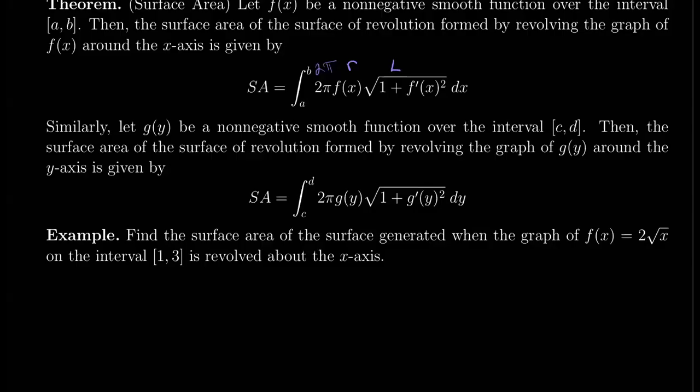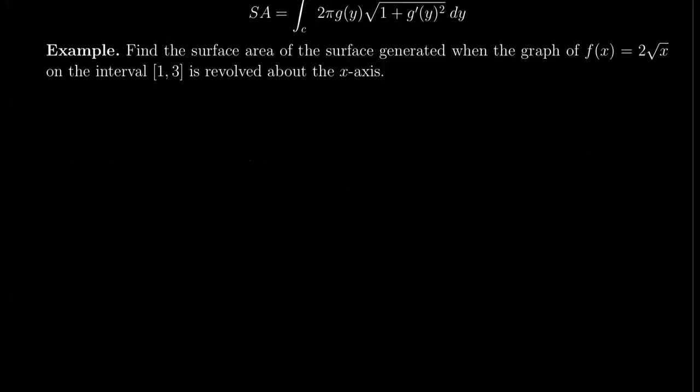Let's do the practice. Find the surface area generated when the graph of f of x equals 2 square root of x. Here is my f of x equals 2 square root of x on the interval from 1 to 3. Here's my 1 to 3 is revolved around the x-axis.